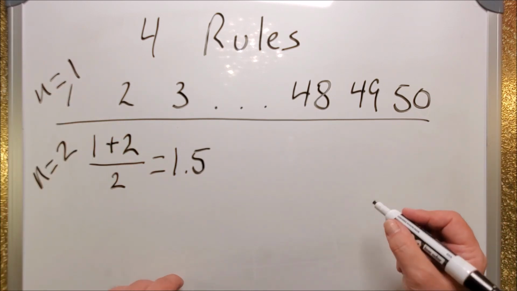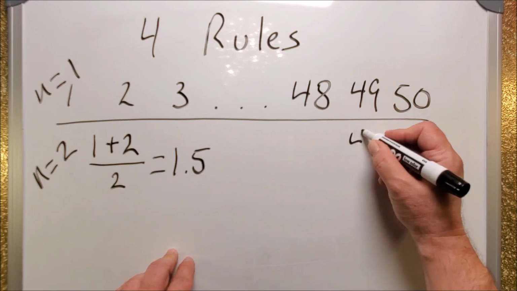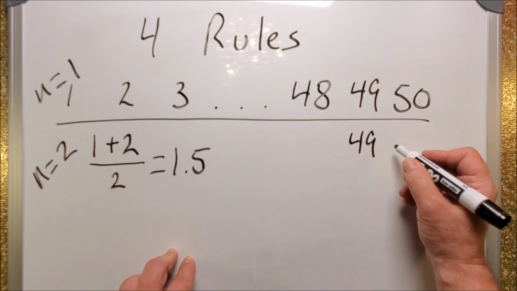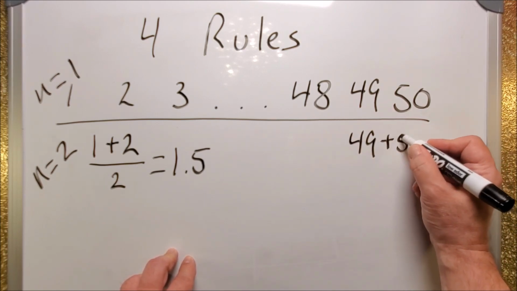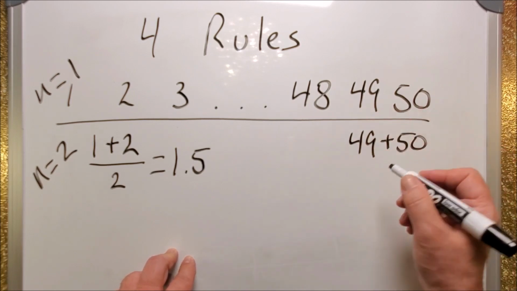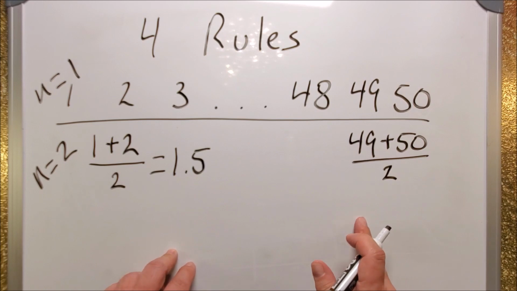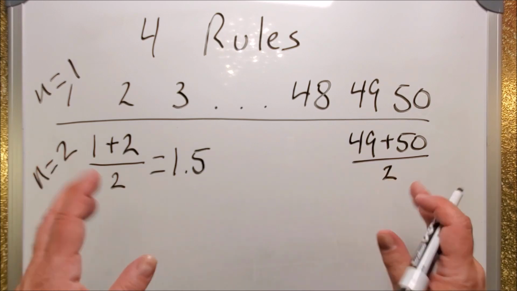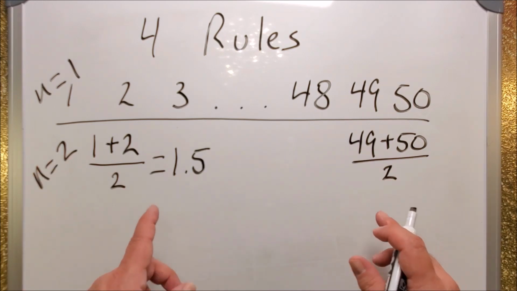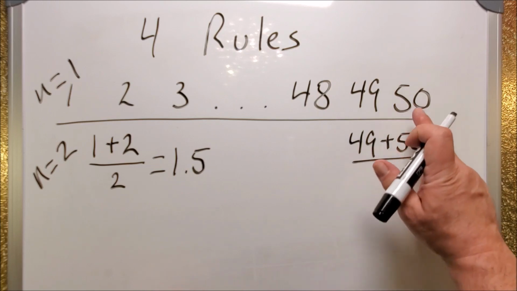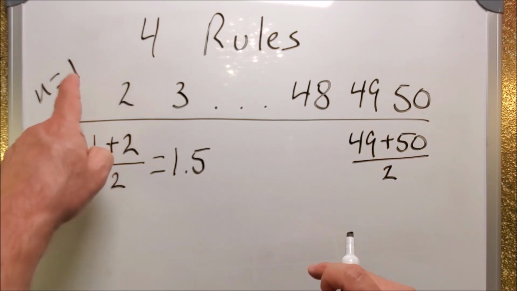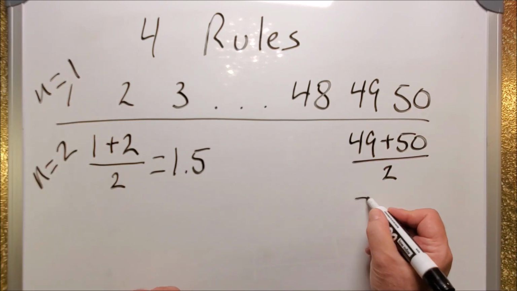The same thing happens at the other end. Our highest score is going to come from the one sample that incorporates our two highest scores. And the idea that I'm showing you will hold true, these concepts will hold true for any sample size. So our new highest score is no longer 50 like it was when we were talking about individual scores.